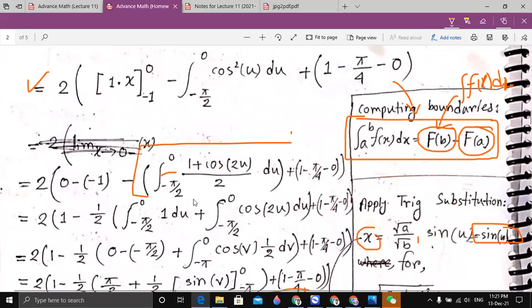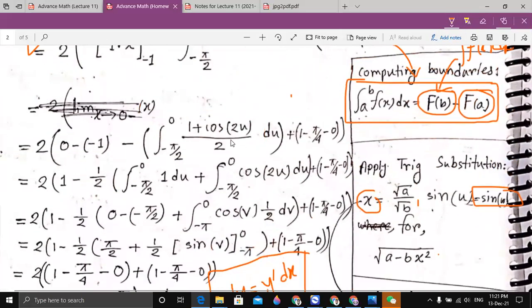Now, we have come up to this line, right? So let's calculate here. We can maybe take 1/2 out, because this is a constant.